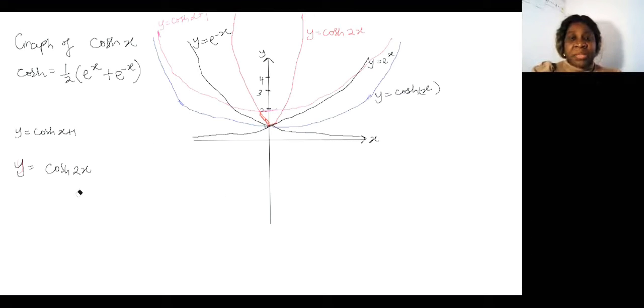And I think you can also have 2y is equal to cosh x, so y is equal to 2 cosh x.